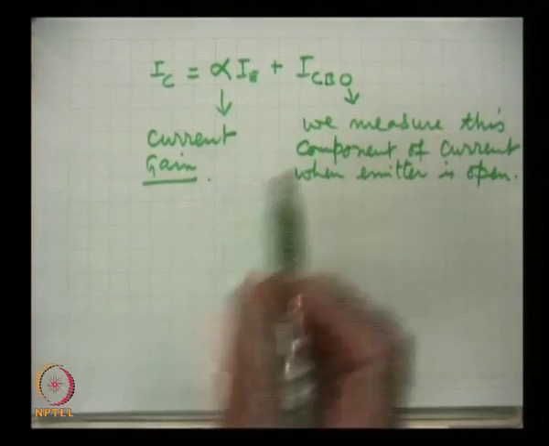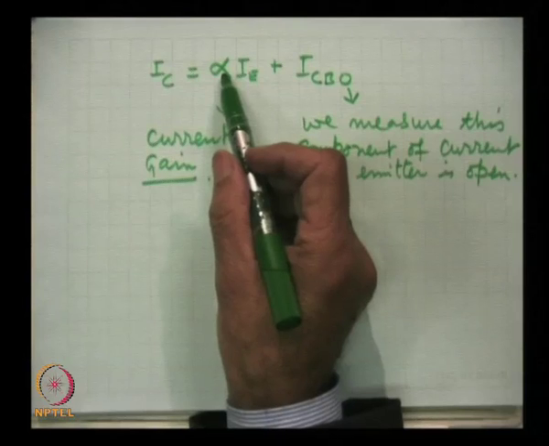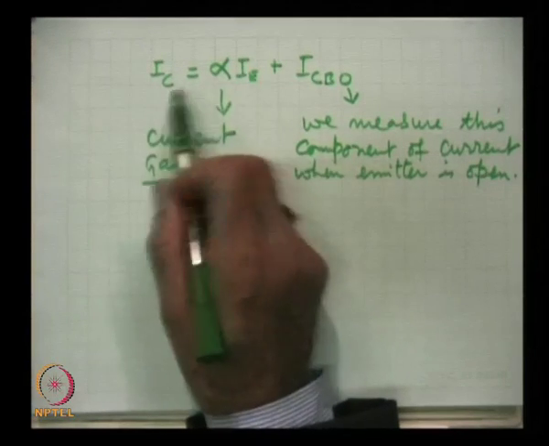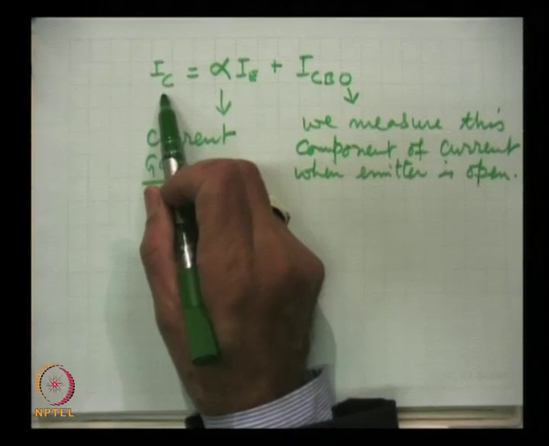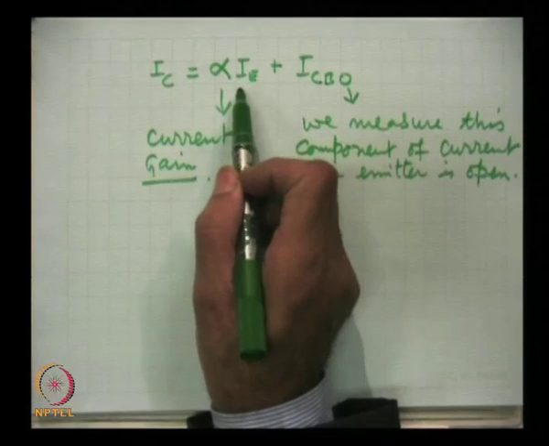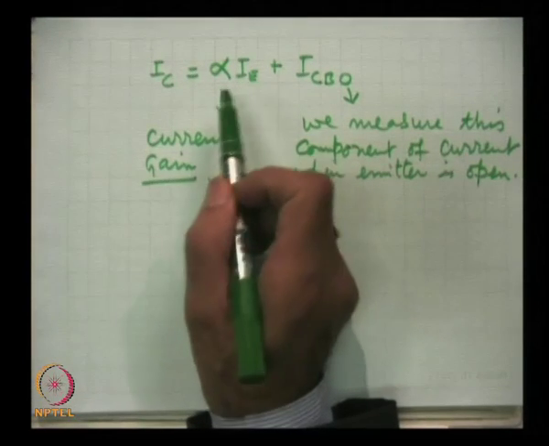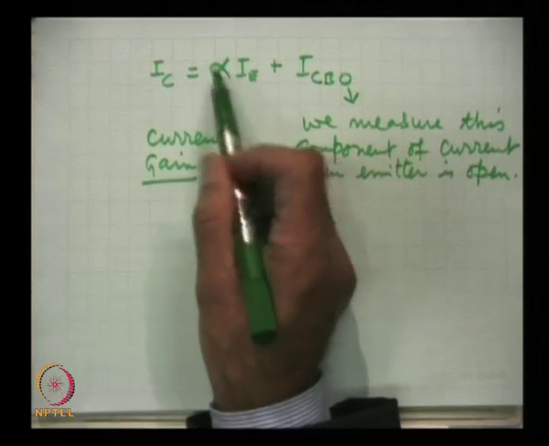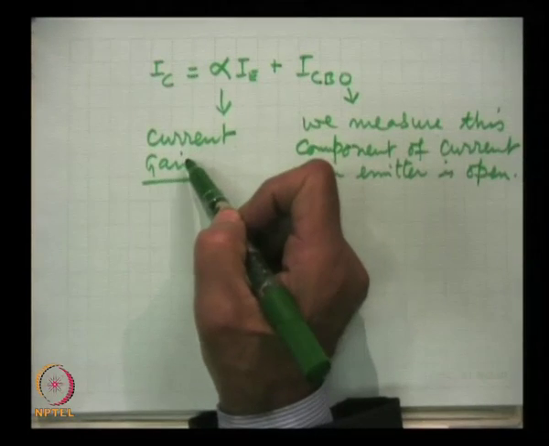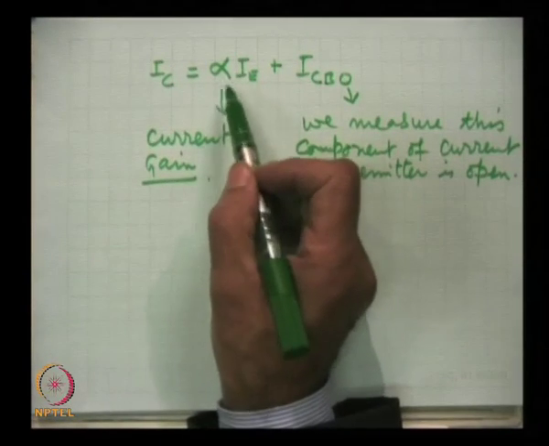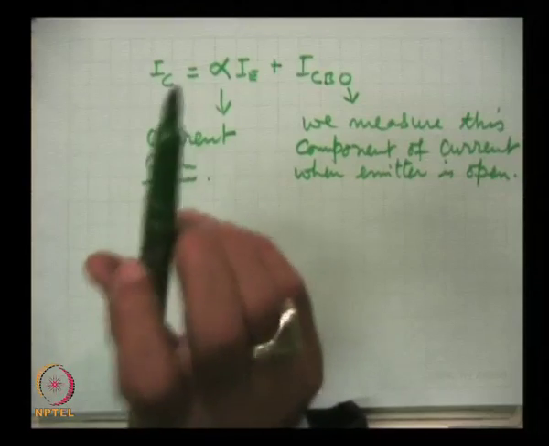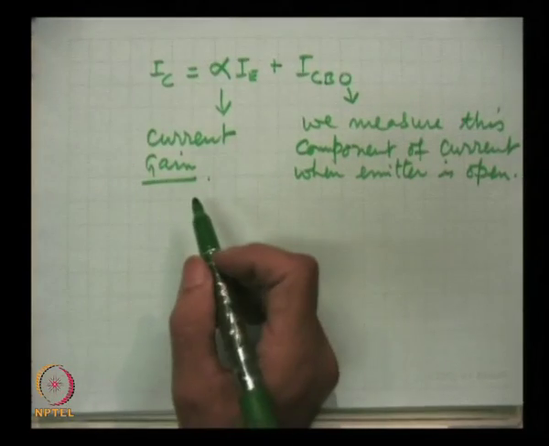This current gain is close to 1 but less than 1, because IC is actually a little less than IE, and how much less? The portion which has recombined in the base region. So, this is the current gain by definition; we will talk about it a little later.